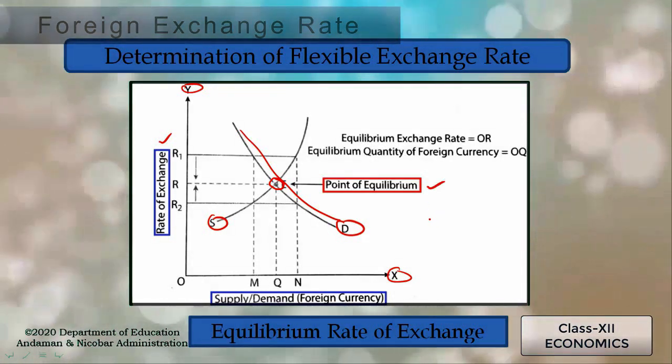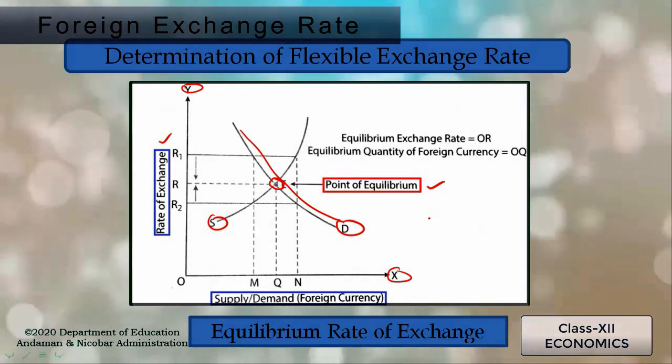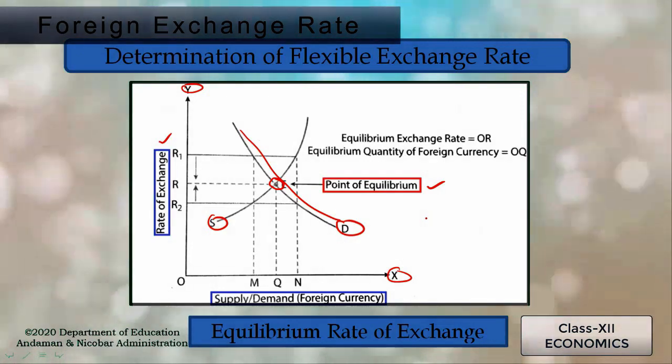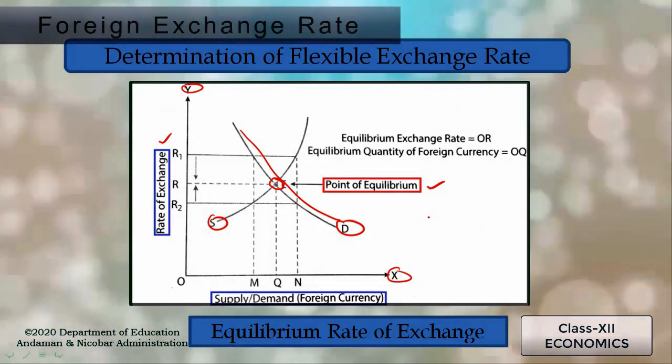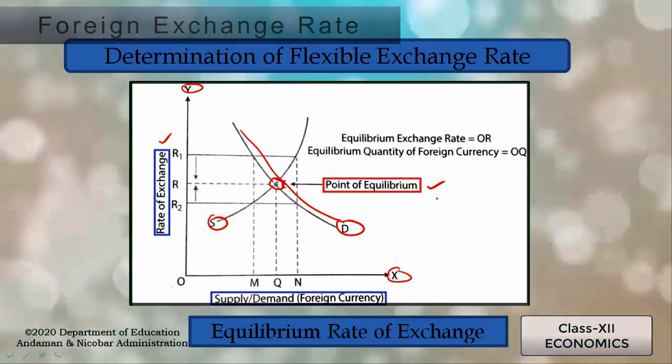Equilibrium is that point where the equilibrium rate of exchange is determined, where the demand and supply curves of the foreign currencies intersect with each other.